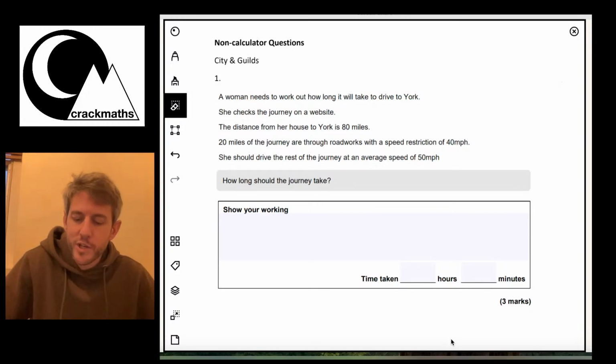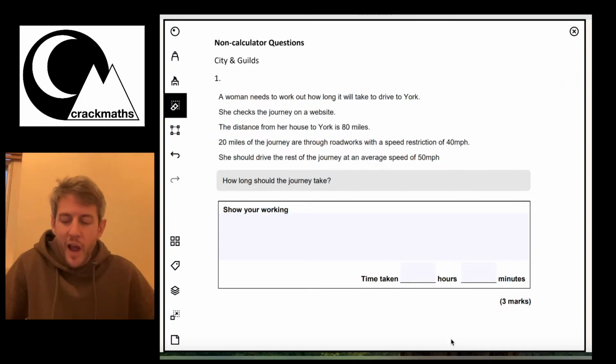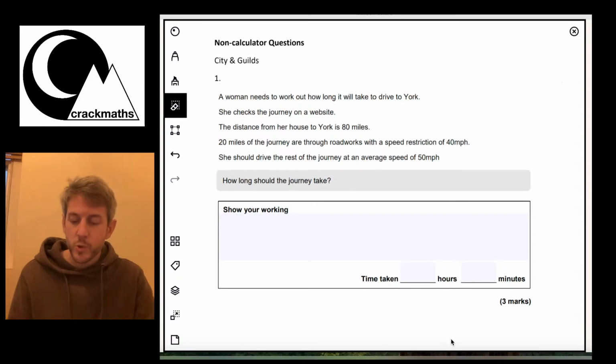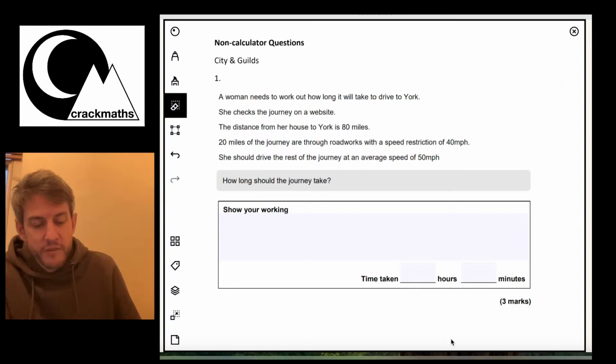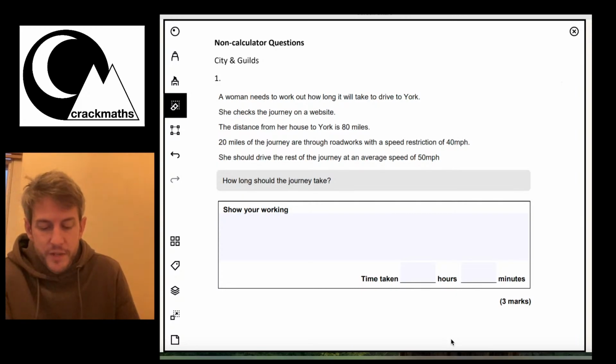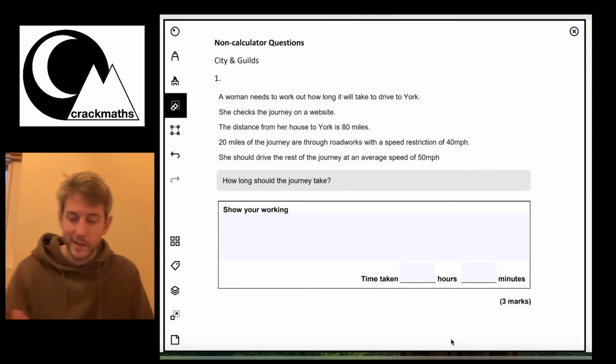She checks the whole journey on the website, and the distance from her house to York is 80 miles. 20 miles of the journey are through roadworks with a speed restriction of 40 miles per hour. She should drive the rest of the journey at an average speed of 50 miles per hour. How long should the journey take?